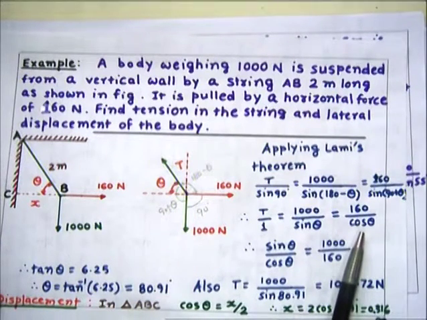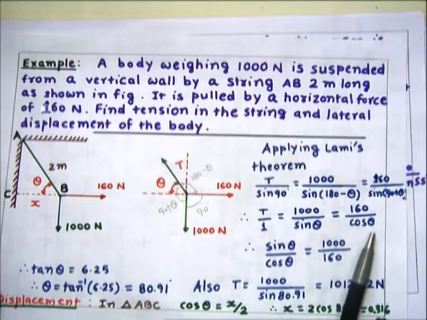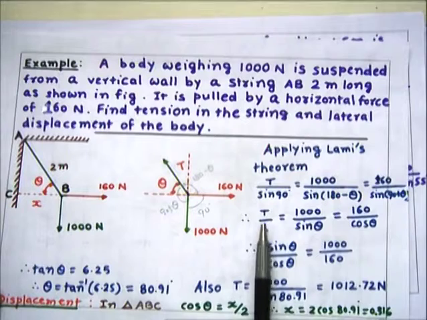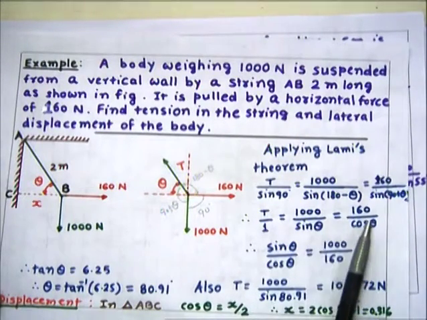So sine of pi by 2 plus theta is written as cos theta.